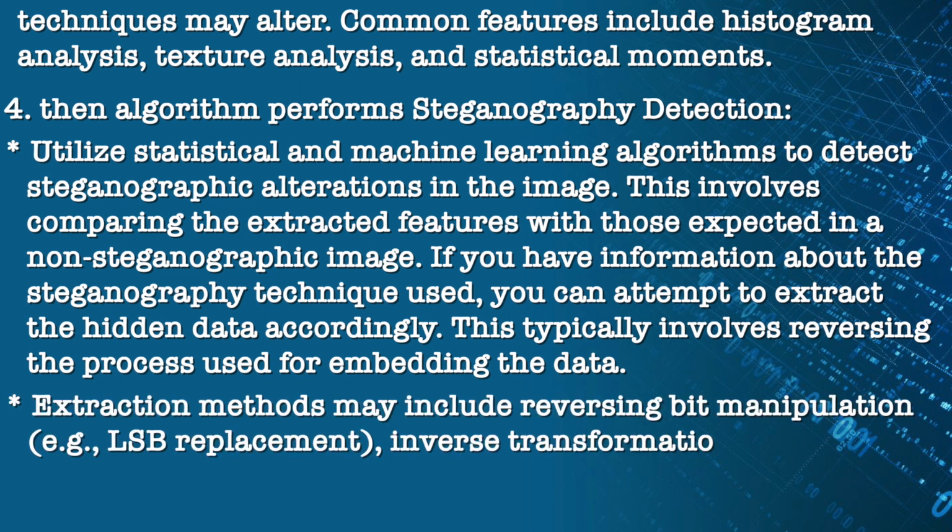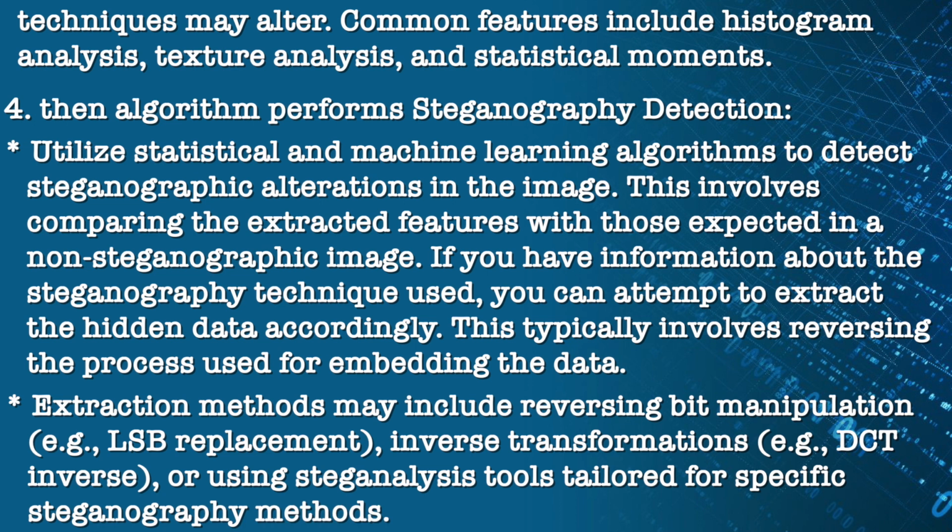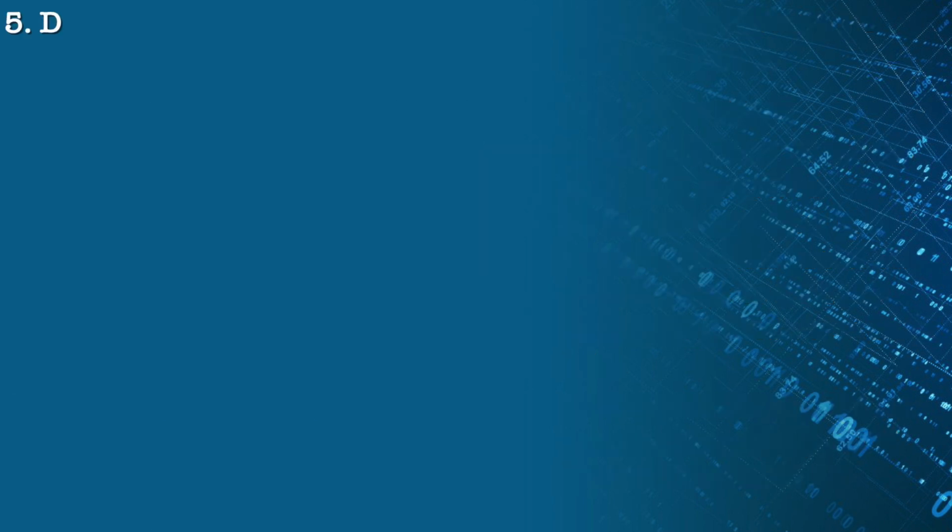The extraction method may include reversing bit manipulation, that is least significant bit, inverse transform, DCT inverse, or using steganalysis tools tailored for specific steganography methods. Next are data verification and decoding.